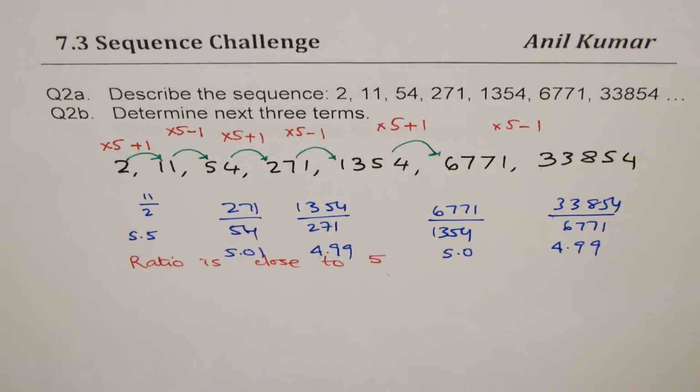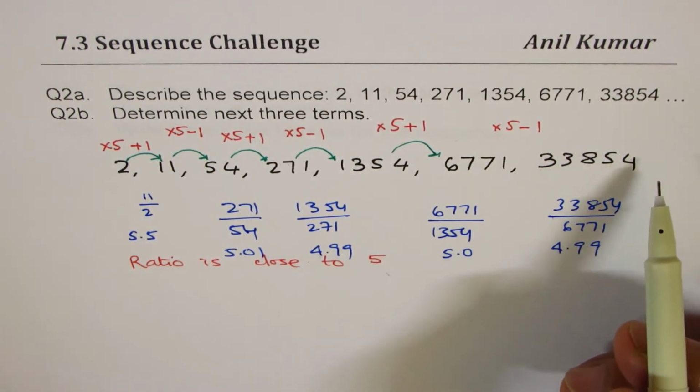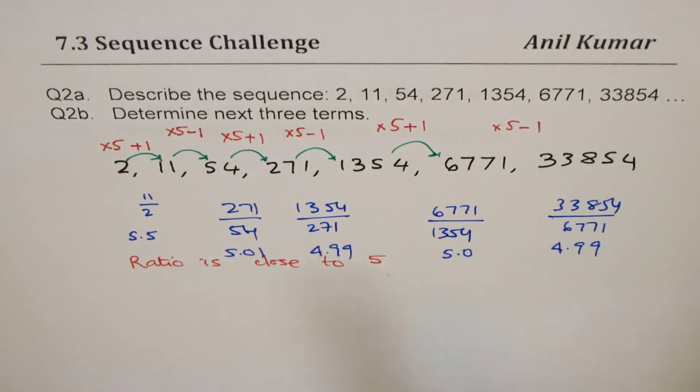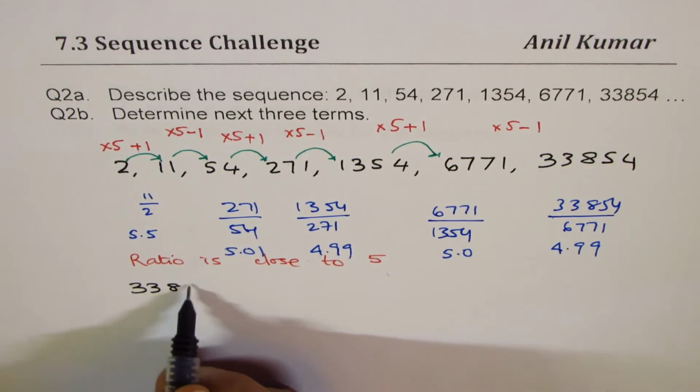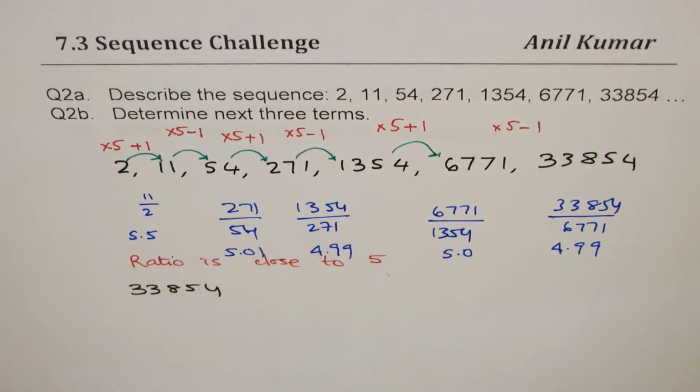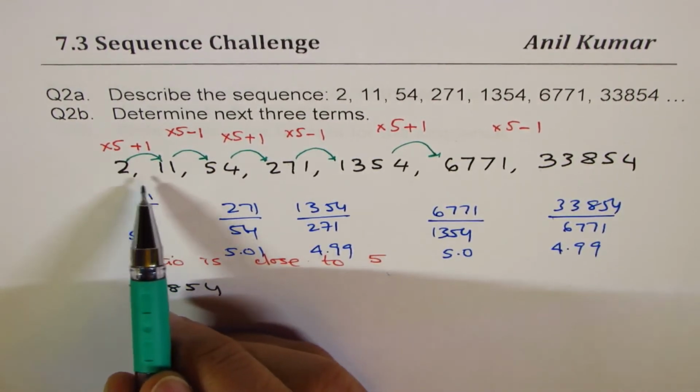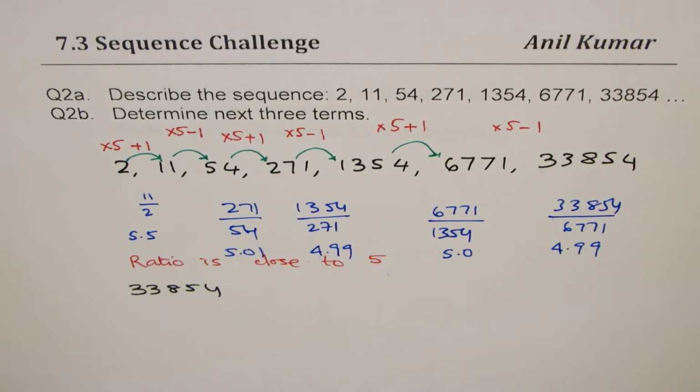Do you see that? So we can apply this pattern and get to the next term. Correct? So we have to get three terms. So it should be 33854. So now, let me write down term numbers. It becomes easier actually, right?